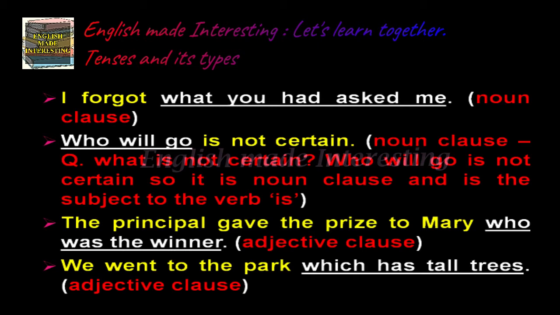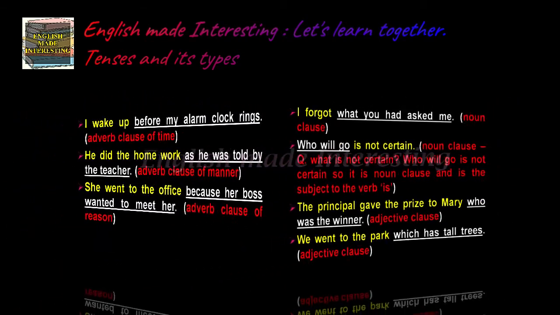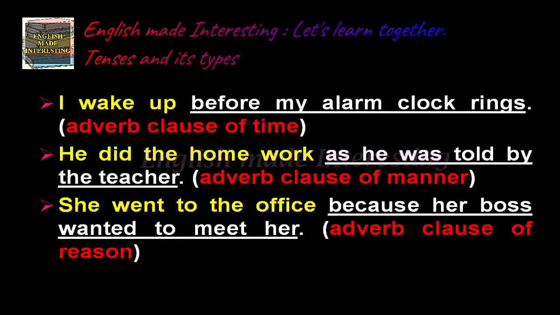It is describing the park, telling that the park has tall trees. Next sentence, I wake up before my alarm clock rings. So here, before my alarm clock rings is the clause, and it is an adverb clause of time.